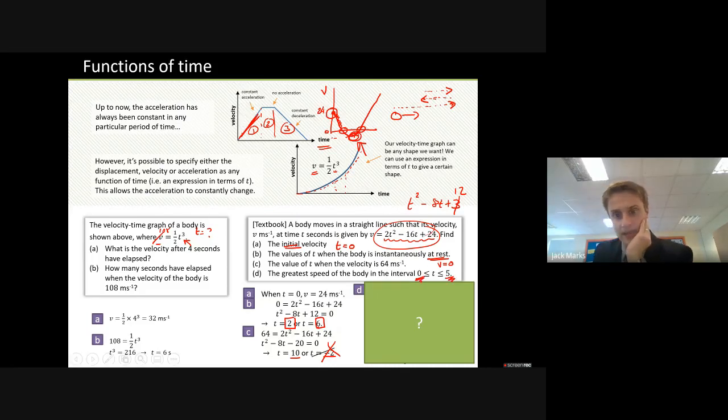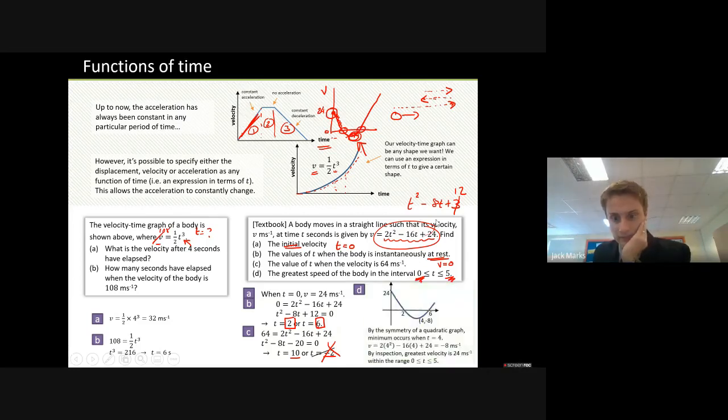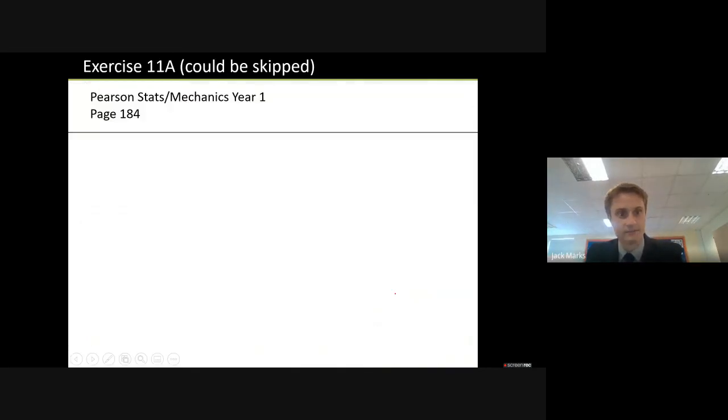So that turning point there you would need to find as well. Here they talk about doing it by symmetry. The symmetry between 2 and 6 is 4. If you put 4 into the equation itself, you'll get -8. So what's the greatest speed between 24 and -8? Well, it's 24. So the answer is just 24, but it won't always be this one. You have to check that that's correct. Okay, and that should take you to exercise 11A.